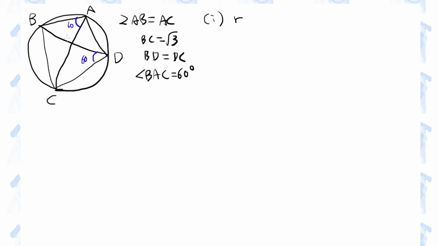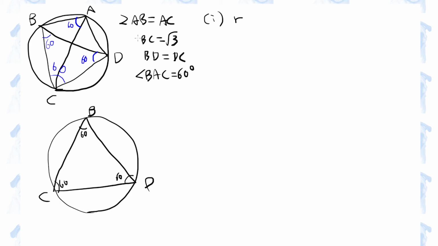And because BD and DC are equal in length, the triangle BCD is an isosceles triangle. This means that these two angles at the base are equal. That means we have 60 degrees and another 60-degree angle here, which makes the triangle BCD an equilateral triangle.